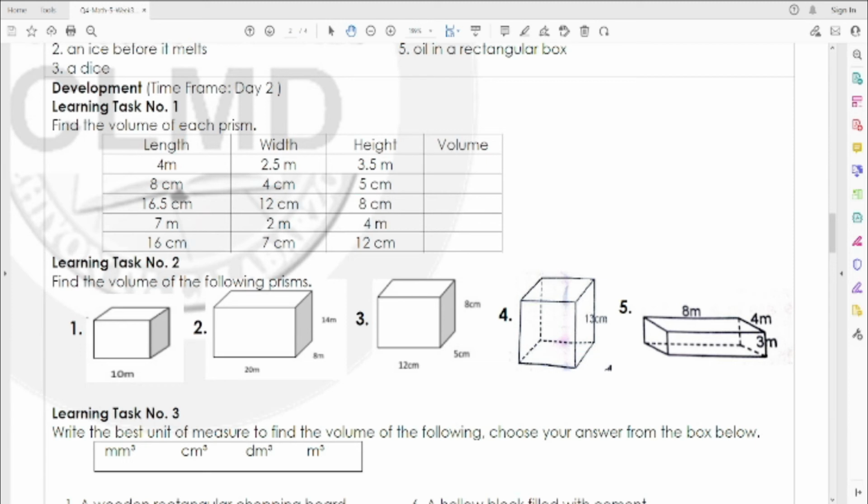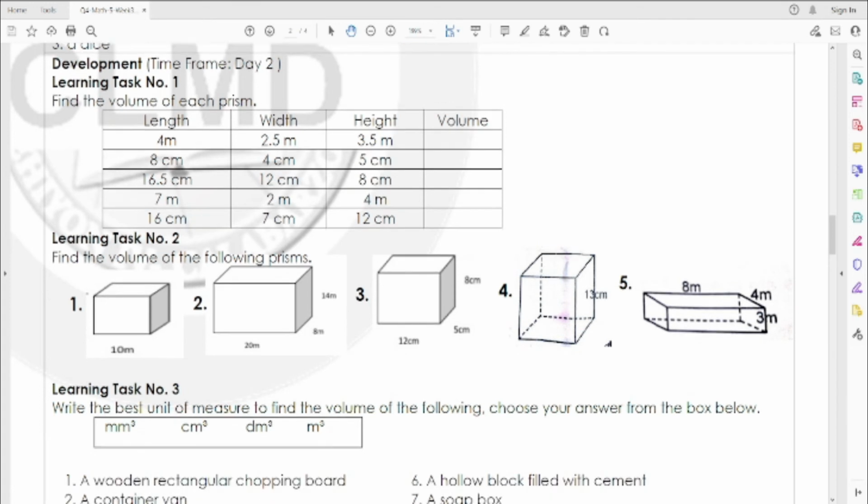For number 1, the length is 4 meters, width 2.5 meters, and height 3.5 meters. To get the volume, we multiply 4 times 2.5 times 3.5, and the answer is in cubic meters. Up to the last question, which is 16 centimeters, 7 centimeters, and 12 centimeters. That is what you are going to do for learning task number 1.